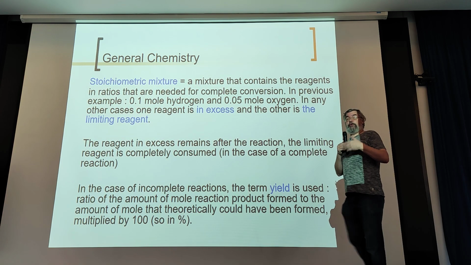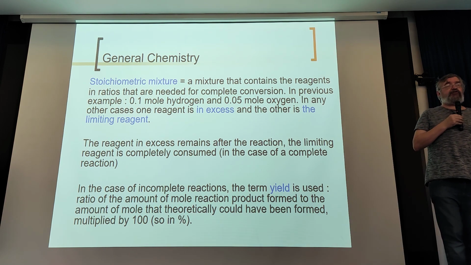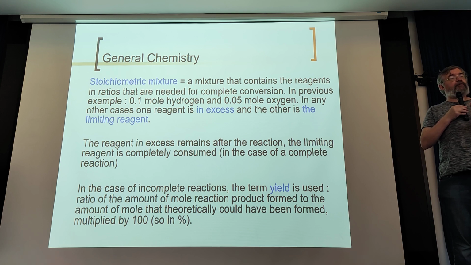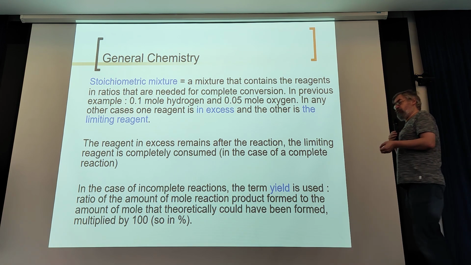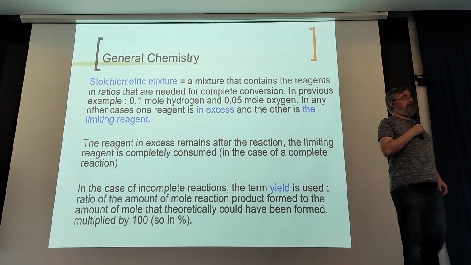Now, what we previously had was not a stoichiometric mixture. A stoichiometric mixture would be one where we had 0.2 millimole of dihydrogen and 0.1 millimole of dioxygen. Then you have the exact ratio, which is also the ratio of the coefficients in the reaction equation.